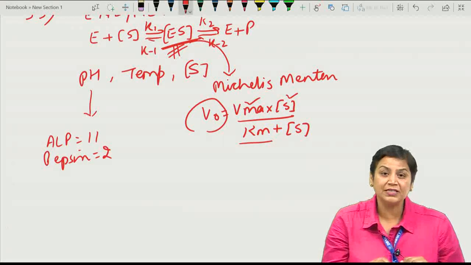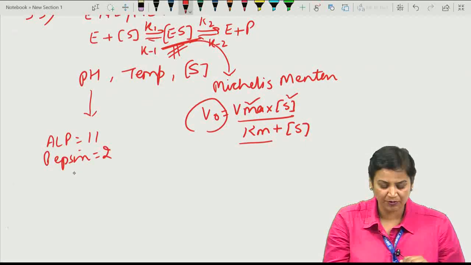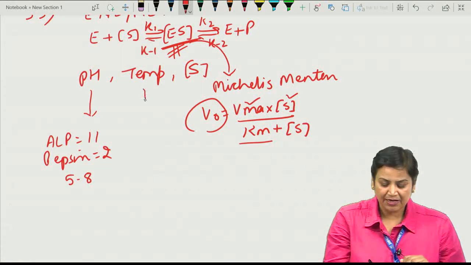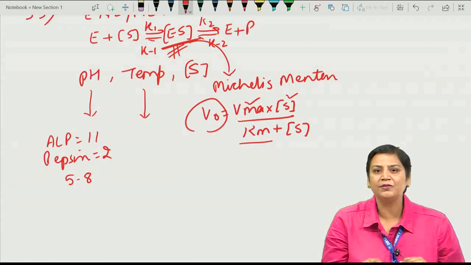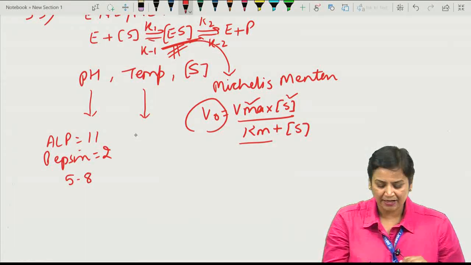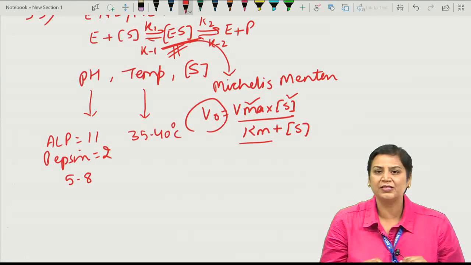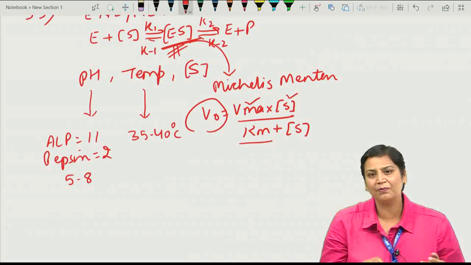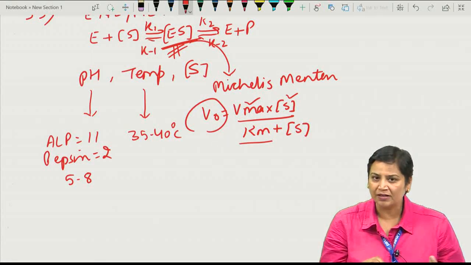But overall, all the enzymes have a pH optimum between 5 to 8. Similarly, for temperature, enzymes work best at 35 to 40 degrees. If we increase or decrease the temperature, what will happen? The enzyme will denature, because it is nothing but a protein.